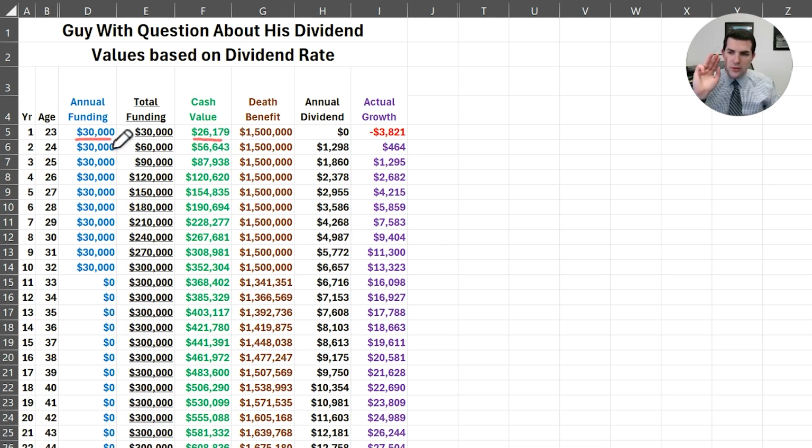It's because you did. When I look at the year 2 growth, what I want to do is take the first year, 26,179. I add 30 to that. That would give me 56,179, but my cash value is 56,643. That means I got my 30K back plus another $464.